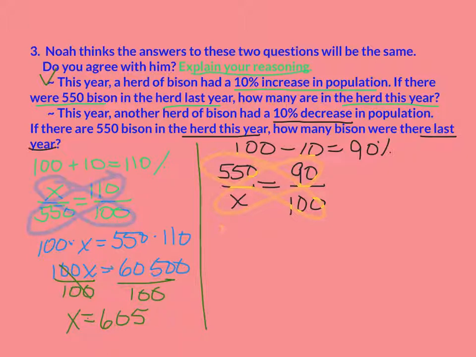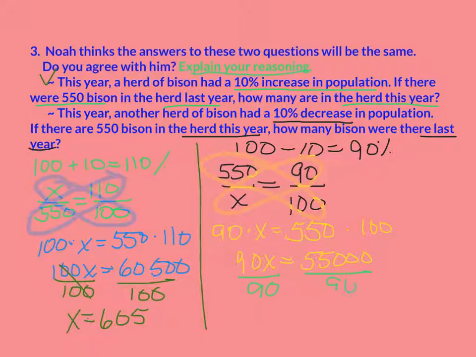So I'm going to have 90 times x equals 550 times 100. If I go ahead and do that math, 90 times x is 90x. That is equal to 55,000. The opposite of times 90 is, of course, divide by 90.